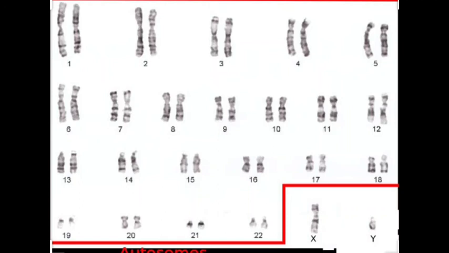Like this, 46 chromosomes means 23 pairs we have. Here in the diagram you can see the 22 pairs, and in the last pair the difference is there. The last pair, which is the sex chromosome or allosomes, brings about the gender difference. They decide whether the offspring will be male or female.